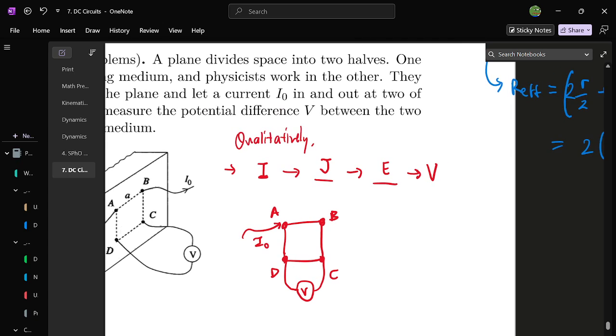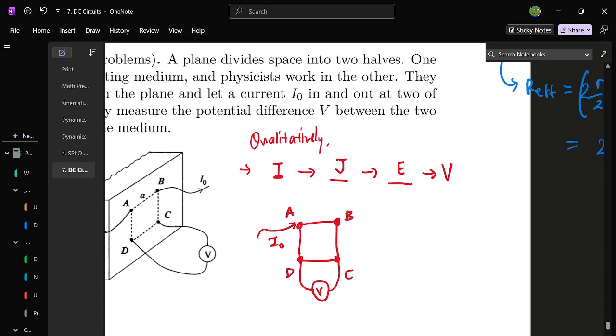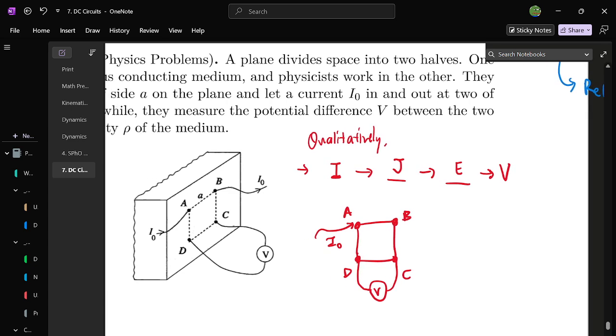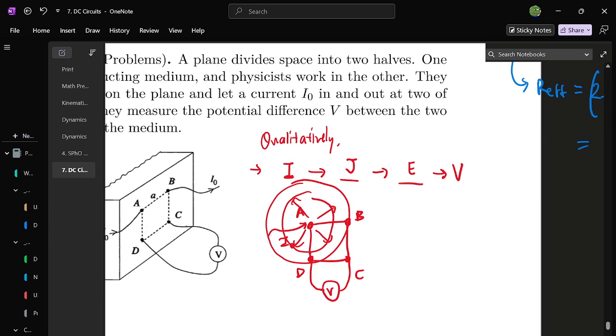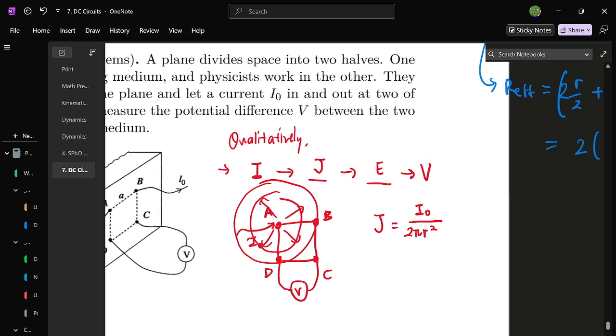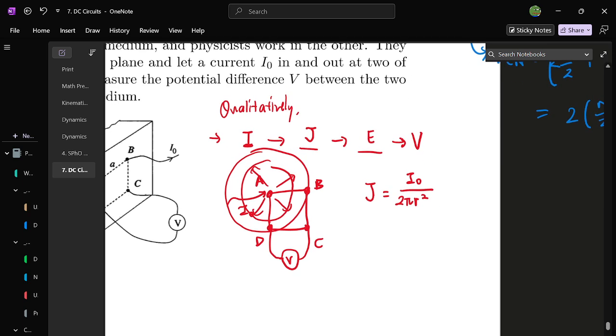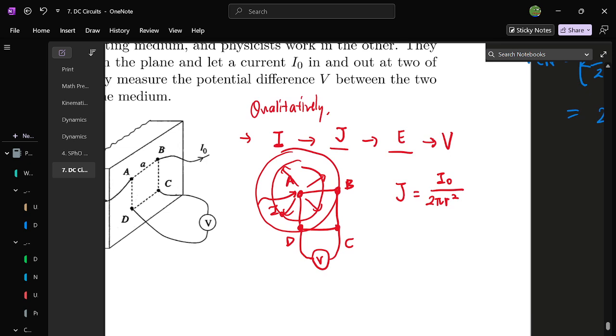So what happens to this current? Because this plane is infinite and current can only flow in one side, the current is going to flow in a hemisphere outwards. It will just propagate like that outwards. Because it flows in a hemisphere, the current density is just I naught divided by the surface area of the hemisphere, which is 2 pi r squared.